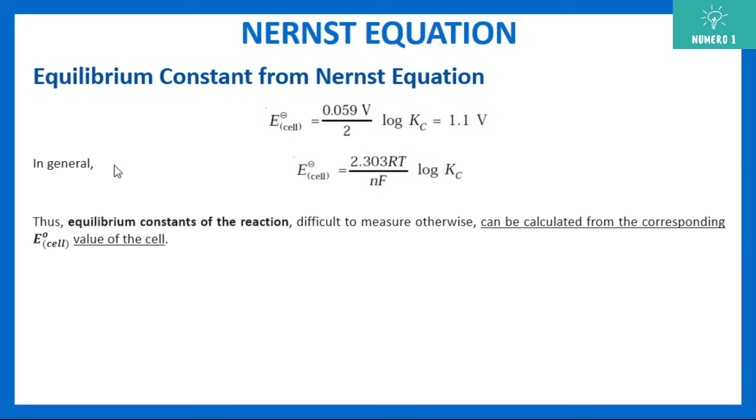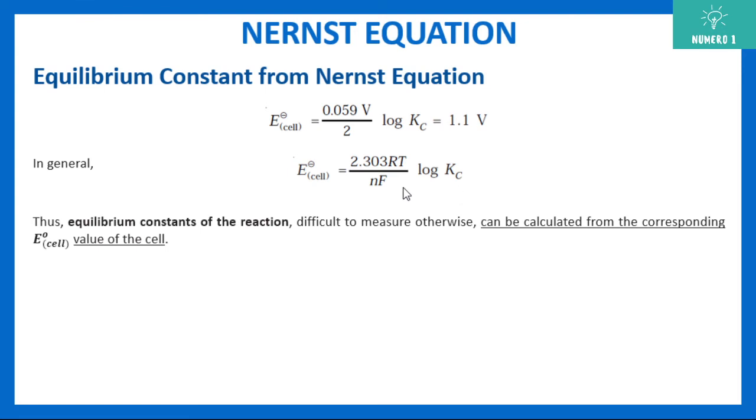In general, you can write E naught of cell is equal to 2.303 RT upon nF log of Kc, or simply 0.059 upon n log of Kc. So E naught of cell and the equilibrium constant values are related to each other.